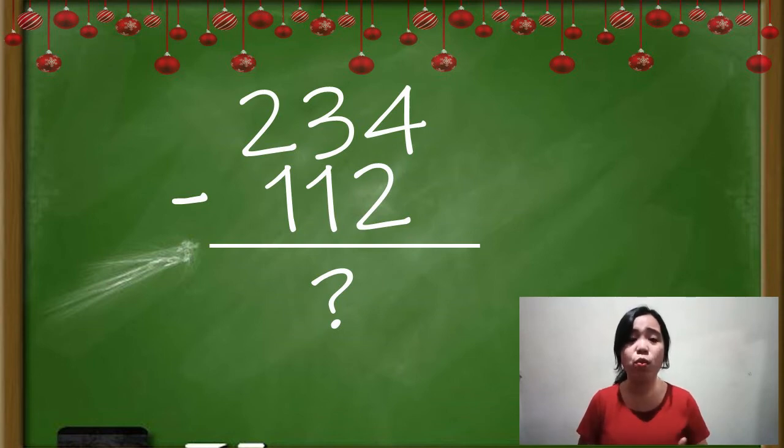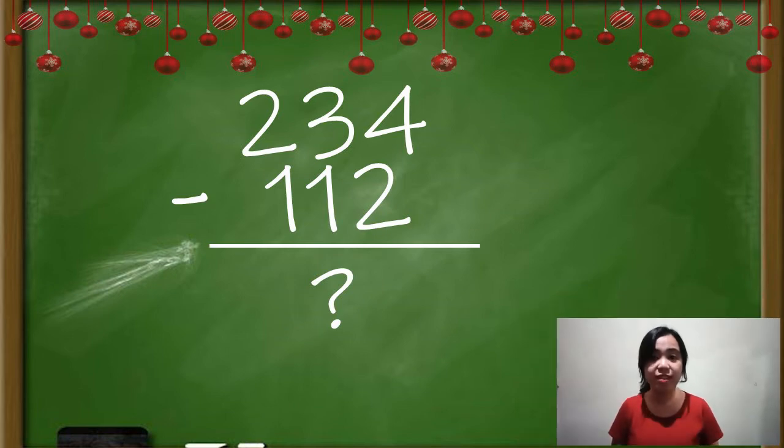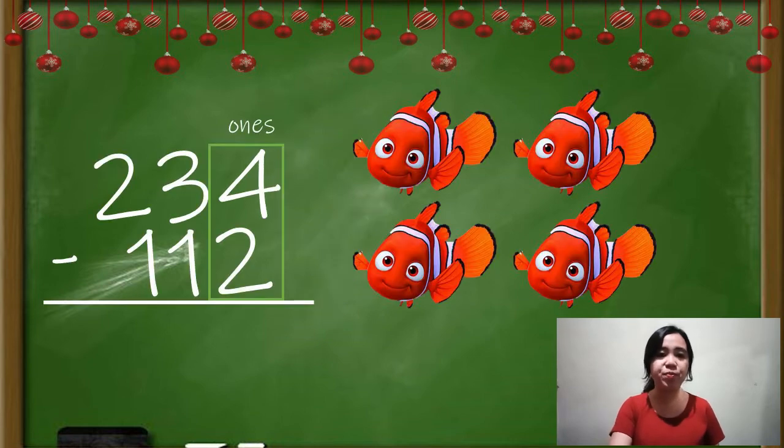Just always remember that the number that comes first, which is called the minuend, should always be placed on top, while the second number, the subtrahend, will be placed below the minuend. Do you guys understand? Good. So now next, let's start answering this question.